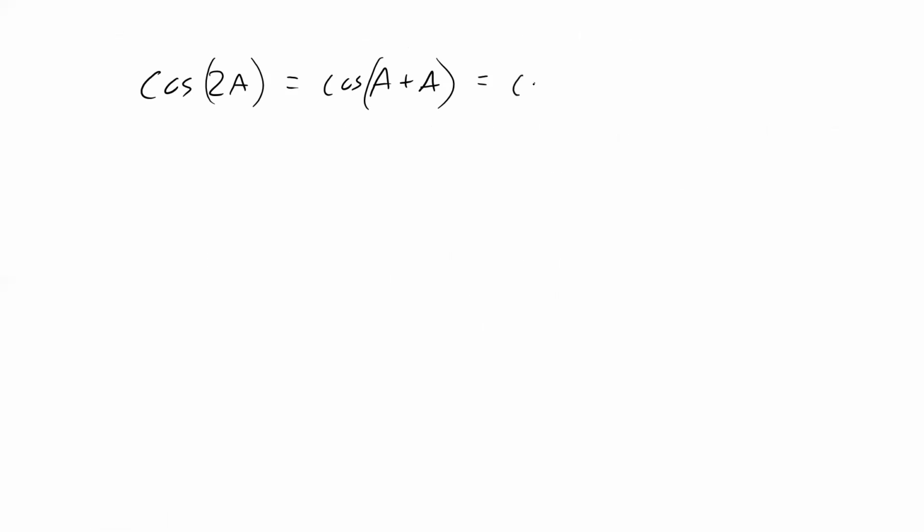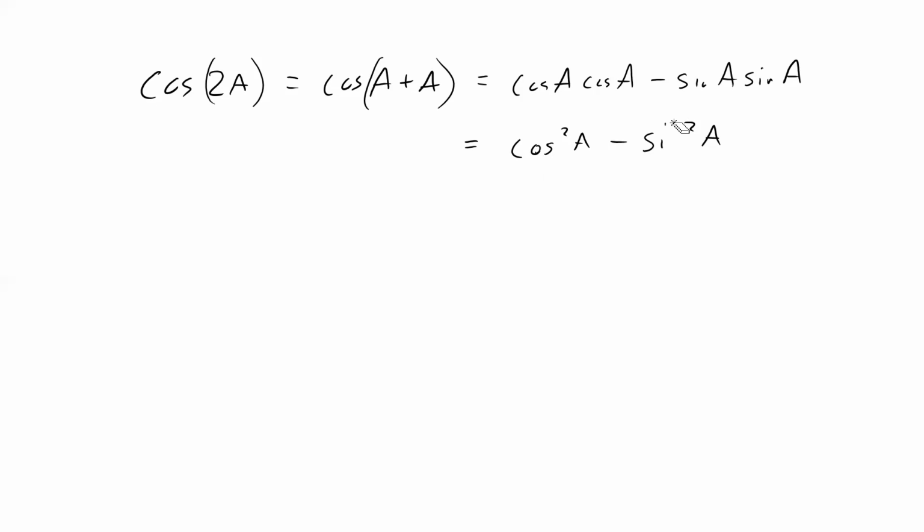And then we have cosine of A times cosine of A. It's cosine of A, isn't it? Minus sine of A, sine of A. That's the case, okay, I go with Grant here: cosine squared A minus sine squared A.